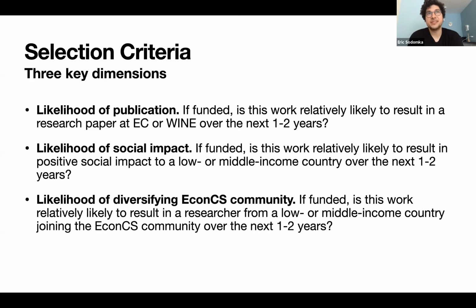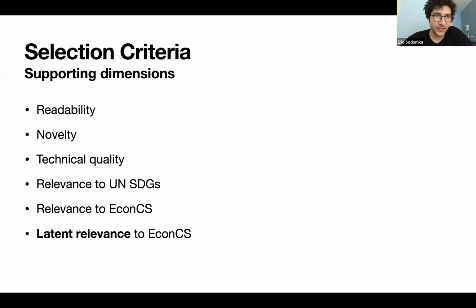And third is, is this actually diversifying the Econ CS community and leading us to these new intersections of technical and domain expertise? And we had a number of standard dimensions that you might think about: readability, novelty, technical quality, but maybe a unique one was this latent relevance to the research community.